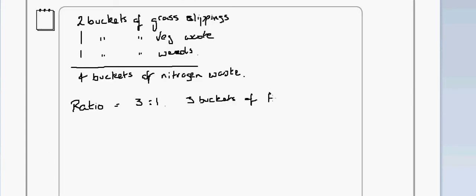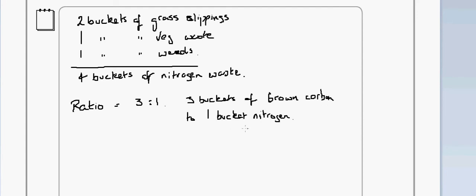So this would be 3 buckets of brown carbon to 1 bucket of nitrogen. So if she has 1 bucket of nitrogen, she would need to add 3 buckets of brown carbon.